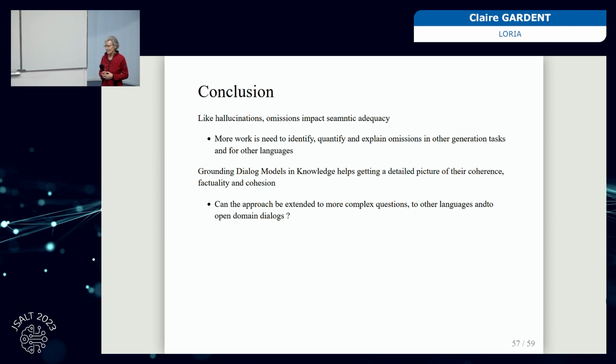And then evaluating this question of semantic adequacy. You can think about both: whether it gave all the information in the graph that is relevant to the question, where omissions would be important, and also whether it generated something that is irrelevant.